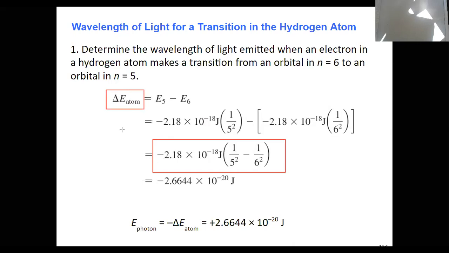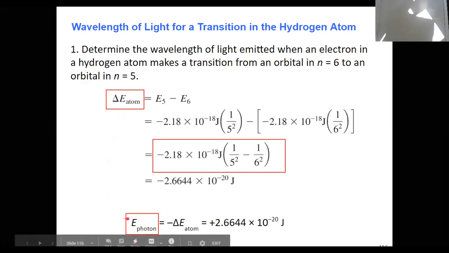If we're trying to figure out the wavelength of light that an electron is emitting, that has to do with the energy of the photon that's traveling out. So in this example, we're solving for the energy change of an atom. The energy change of an atom is going to be opposite in sign to the energy change of a photon.